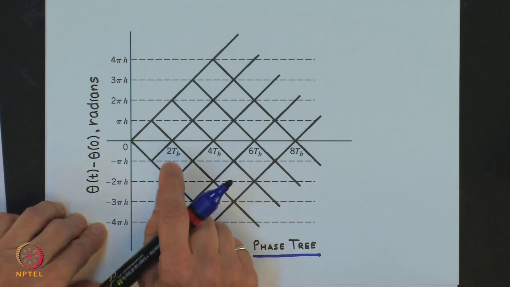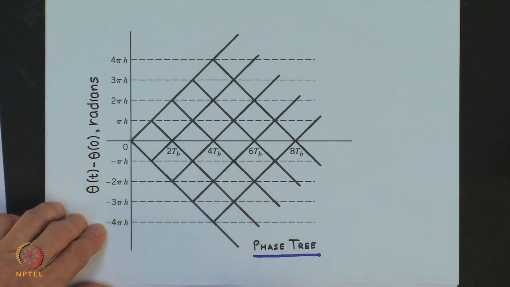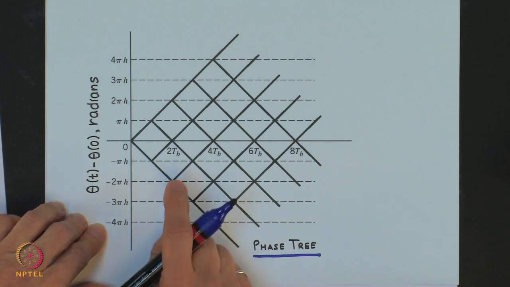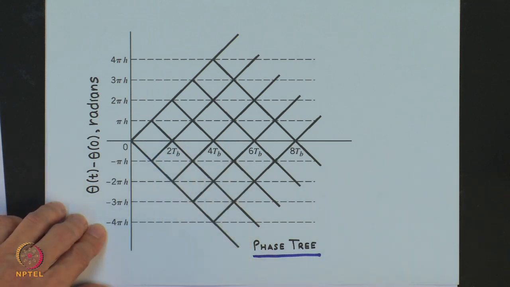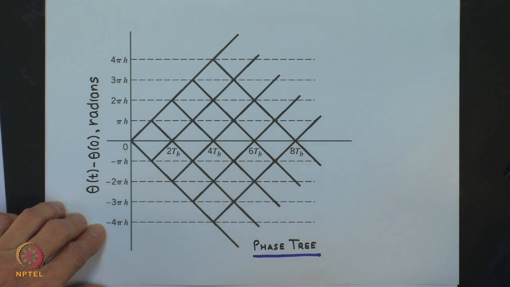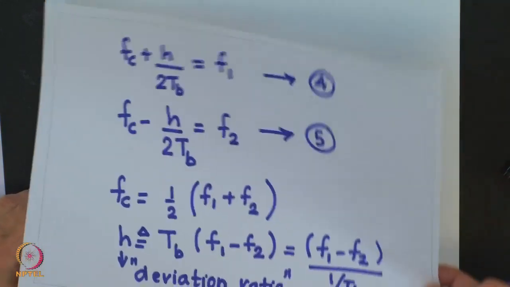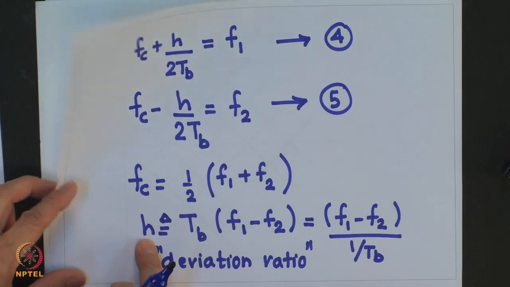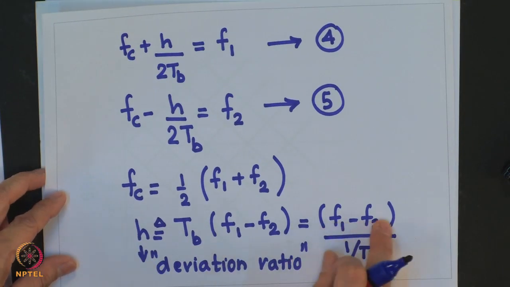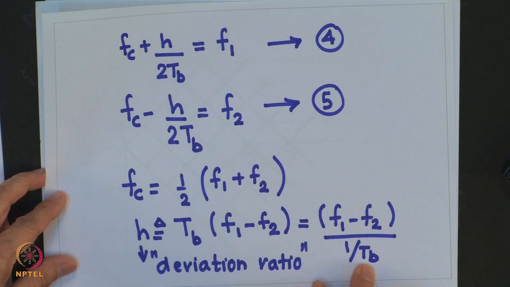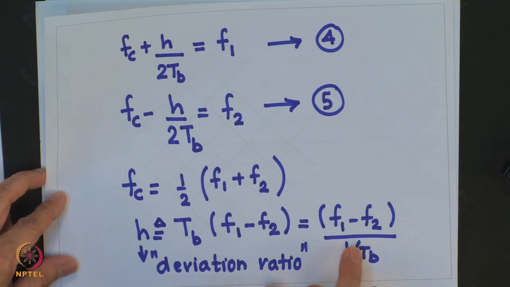Now, let us take a special case of h equal to 1. If I choose h equal to 1, then the difference becomes 1 by Tb. This is a special case of FSK which we had studied earlier, known as Sunde's FSK. In this case the deviation ratio h is unity.